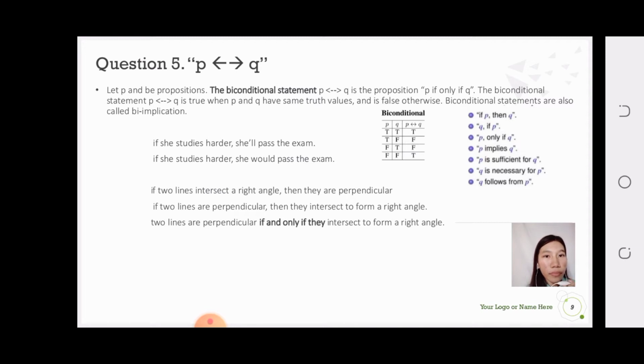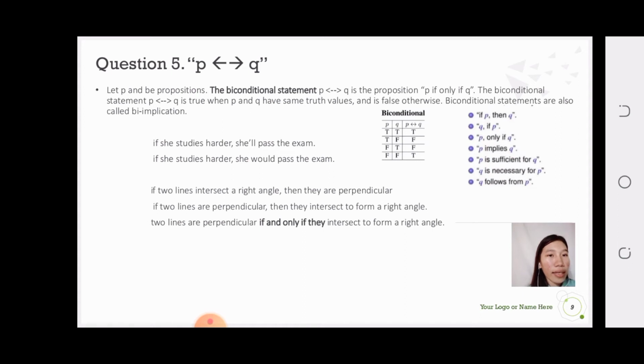And then, the next, if two lines intersect at a right angle, then they are perpendicular. And then the second, if two lines are perpendicular, then they intersect to form a right angle. So, in the first statement, it is if two lines intersect at a right angle, then the second statement is the vice versa.